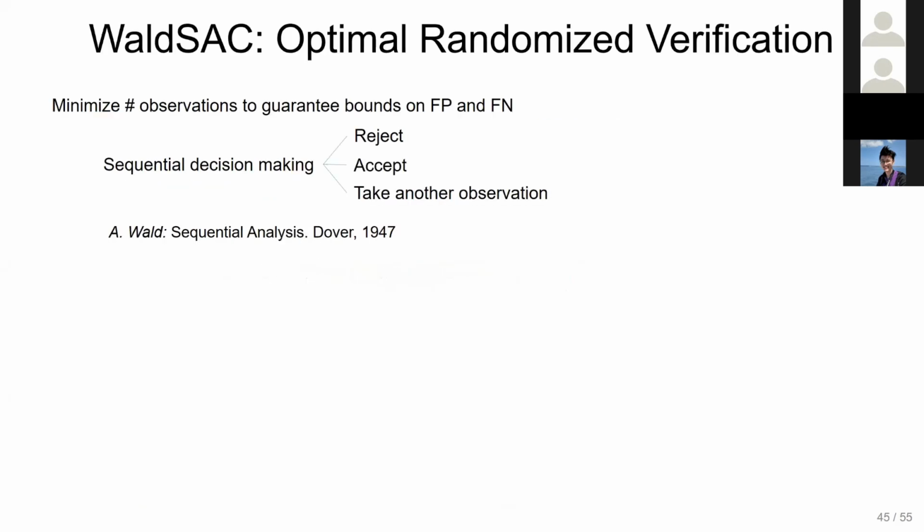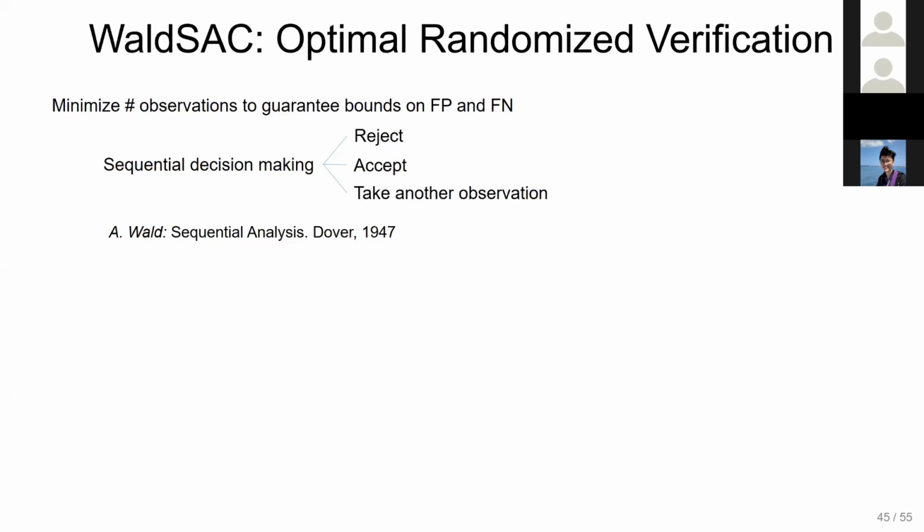Finally, I would like to speak about optimal randomized verification for RANSAC. This is based on sequential decision making, which basically is a way where you are trying to minimize the number of observations before you reject or accept a hypothesis, which gives you a bound on false positives and false negatives.